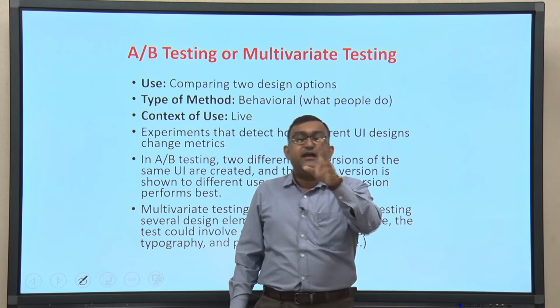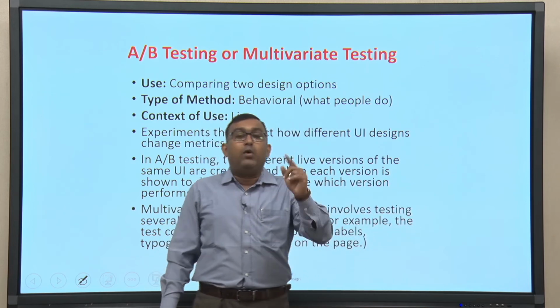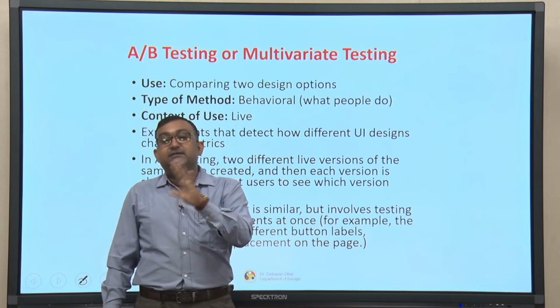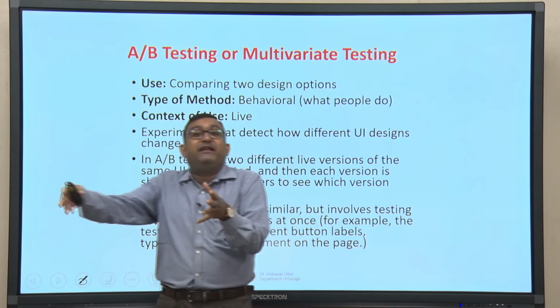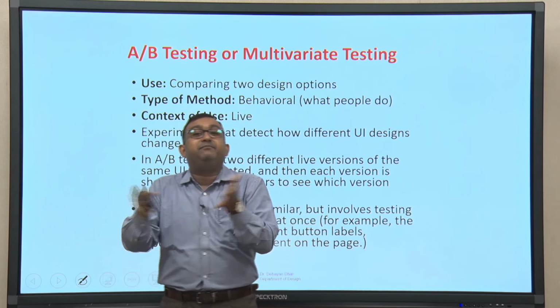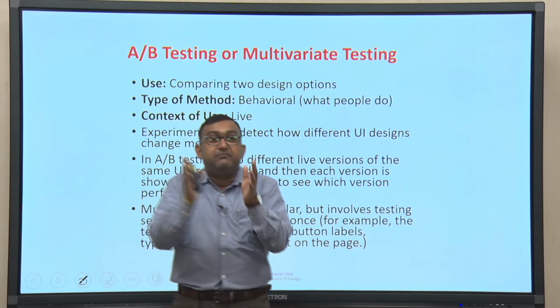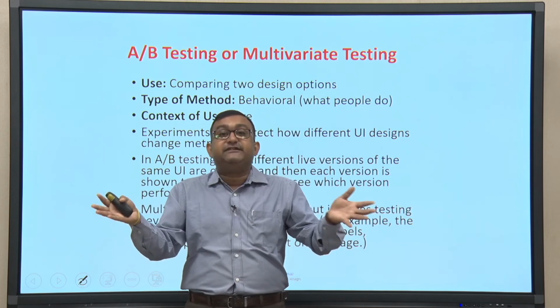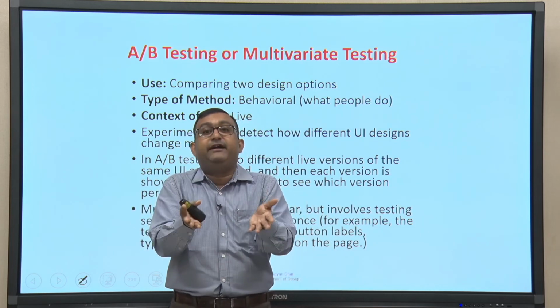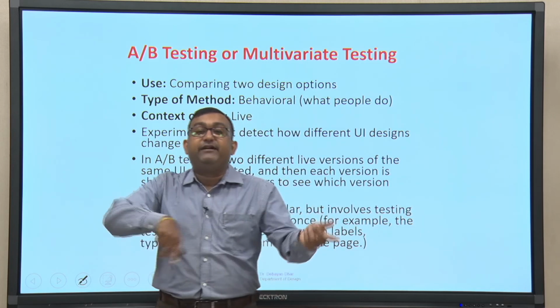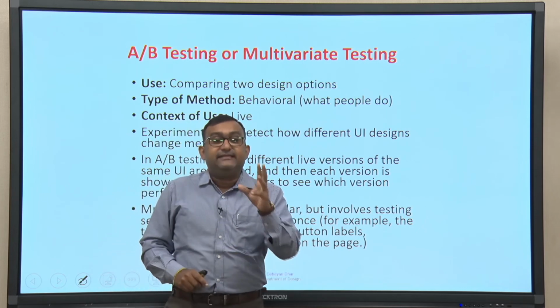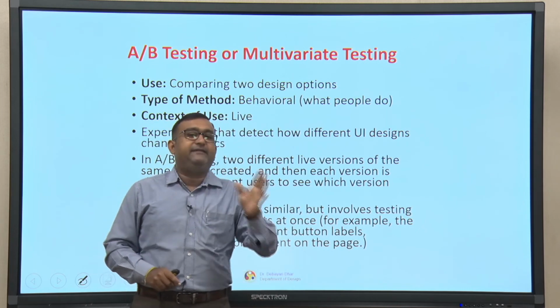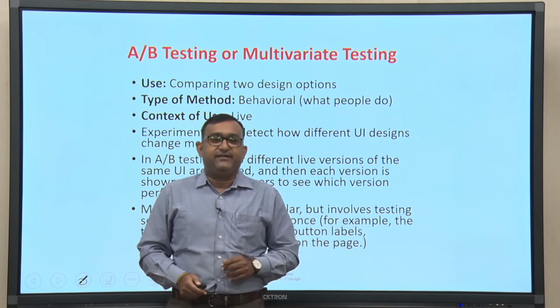In A/B testing, you are only comparing one, while in multivariate there are multiple variations. In multivariate, the focus is on how different new features that have been incorporated in the site are affecting the performance, right. That is in short about A/B testing and multivariate testing.